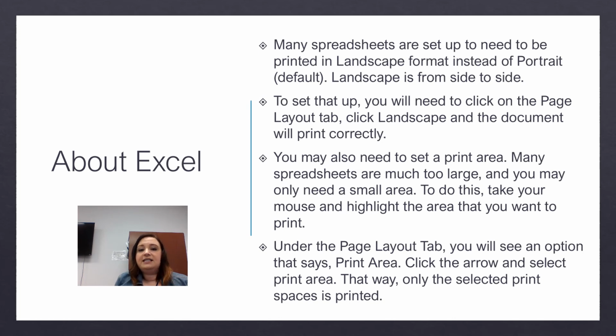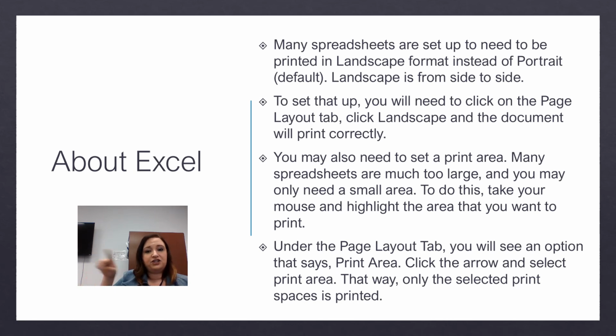You may also need to sometimes set a print area because, as you can imagine, with these things having infinite number of rows and columns, you may not need to kill so many trees in order to get the information printed that you need. So you may just need to print a certain section of a page. So what you'll do is you'll actually highlight that section with the left side of your mouse.